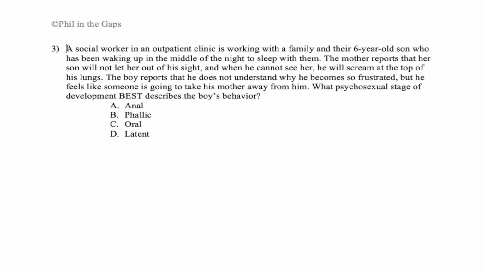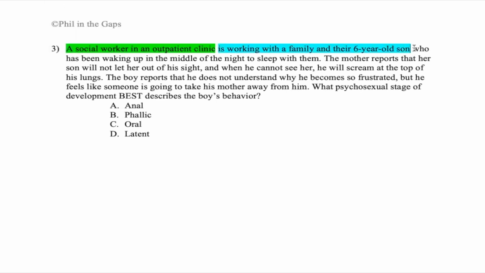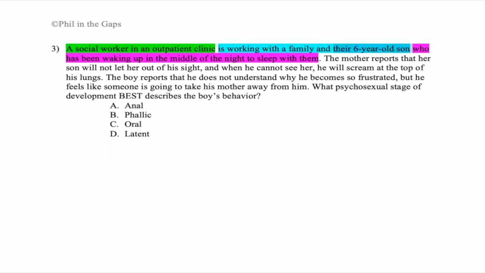Let's look at it. We're a social worker in an outpatient clinic, so that's who we are and where we are at, working with a family and their 6-year-old son. So that is our client system, and the son who has been waking up in the middle of the night to sleep with them. So the son is going to be more of the focus of our clientele.